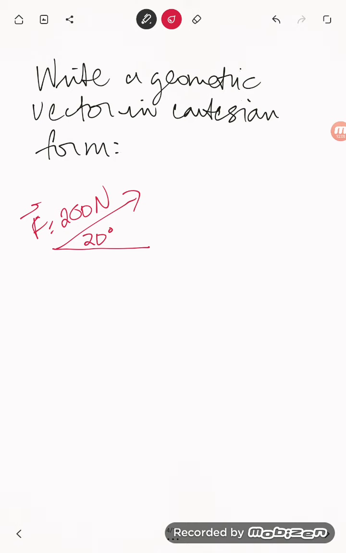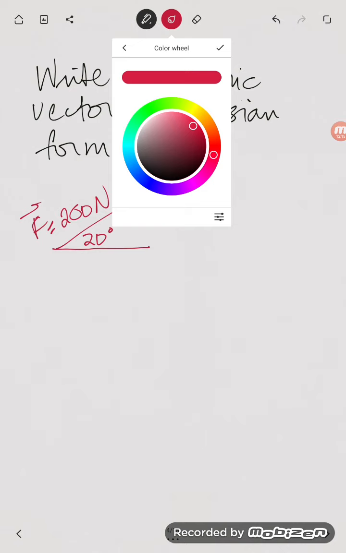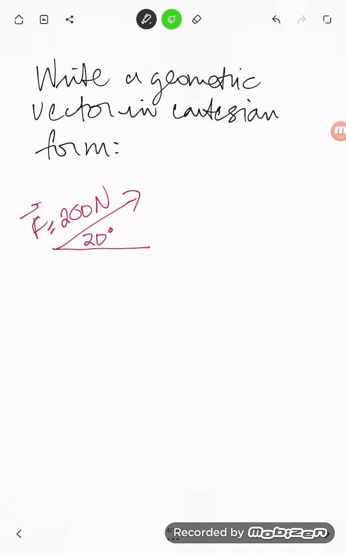Okay, so since a Cartesian vector is specified by its horizontal and vertical components, or the components in the direction of the unit vectors i and j, we can write any geometric vector in Cartesian form by simply finding its components.